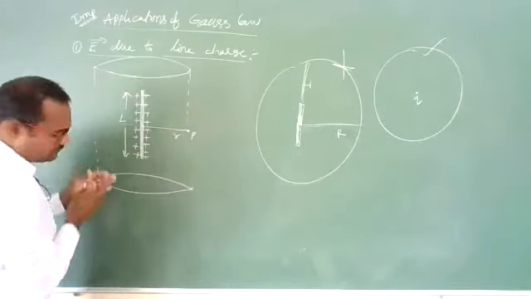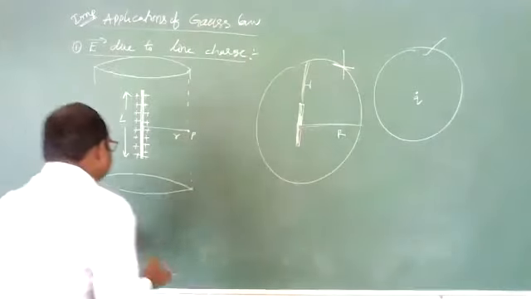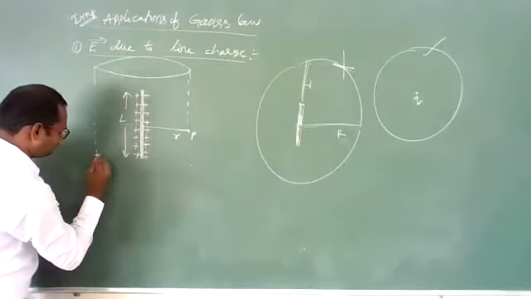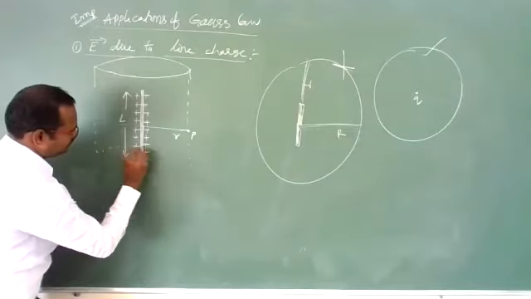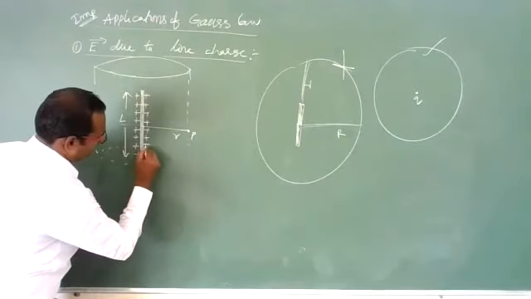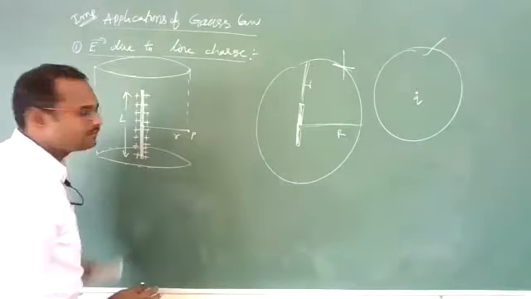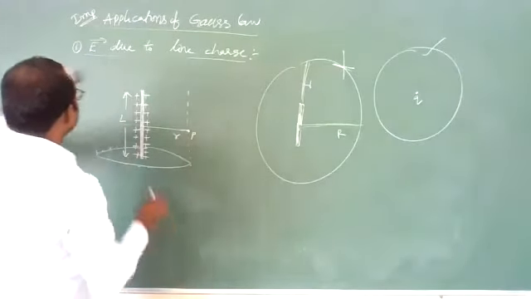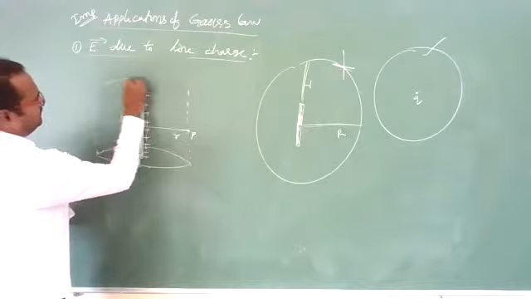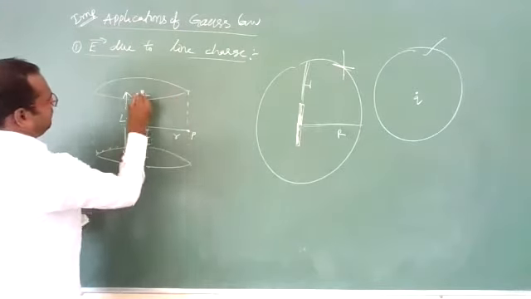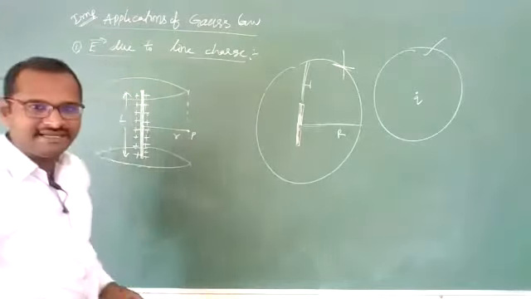I will draw it like this. So, a cylinder of length L and radius r.